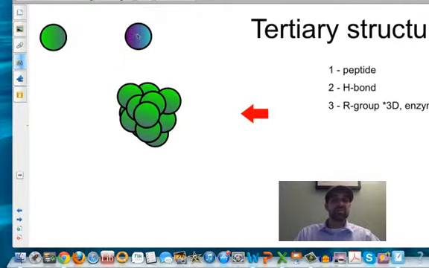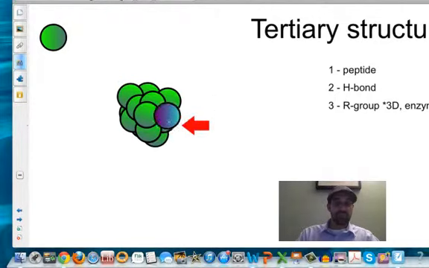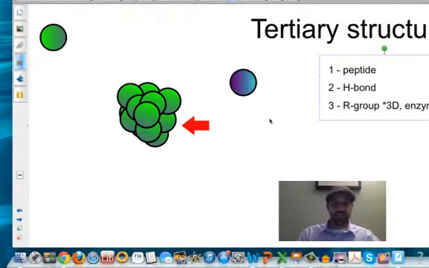Okay, and so this molecule can fit into this little active site, if you guys get the idea. So this molecule can fit into this little active site, as I've indicated, because of the tertiary structure. And also, this molecule is going to be able to hang out or stay in that area because of the R group interactions and the three-dimensional shape.